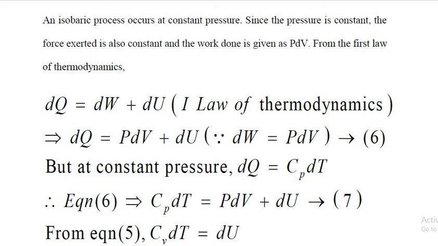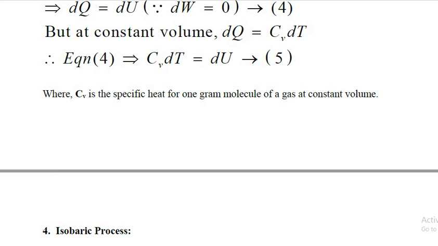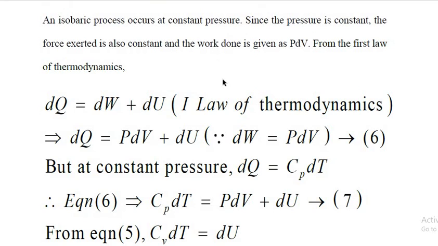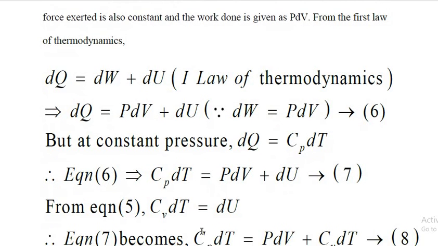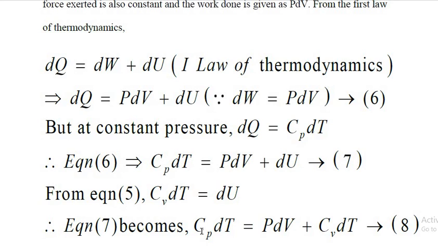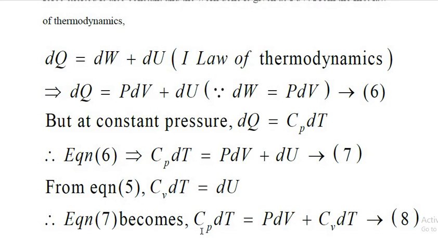From equation 5, du is equal to Cv dt. So you can substitute now in equation 7, instead of du, Cv dt. So we get Cp dt is equal to P dV plus Cv dt.